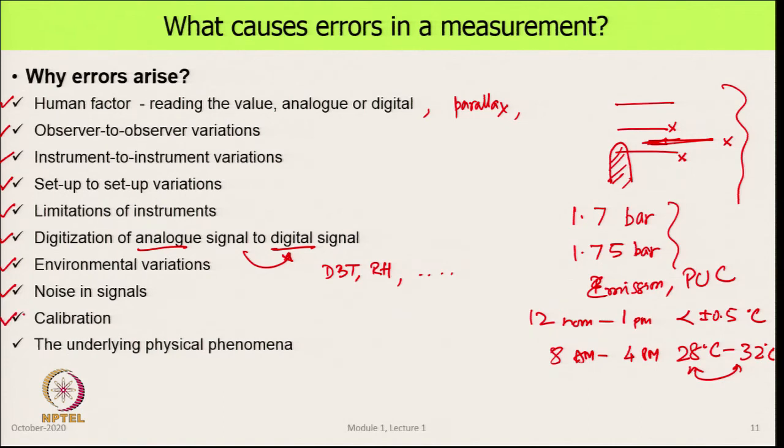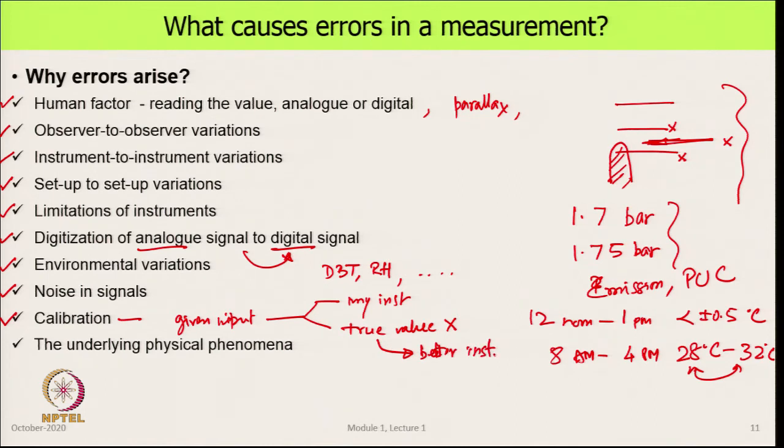Then there is error associated with calibration of an instrument, and we will learn a little bit about this. Calibration means we are saying, for a given input, what does my instrument give, and what is the true value. True value we do not know. So, the next best estimate of true value is from a much better quality instrument, and this we say is a calibration standard.